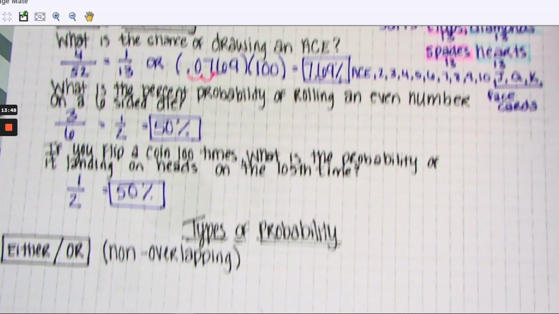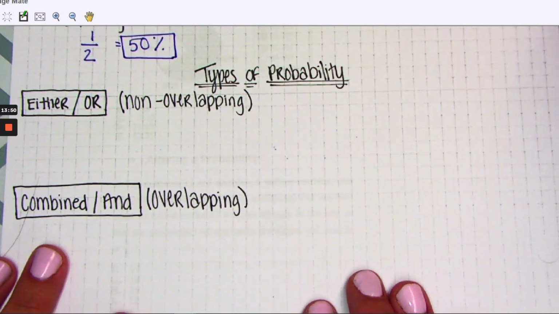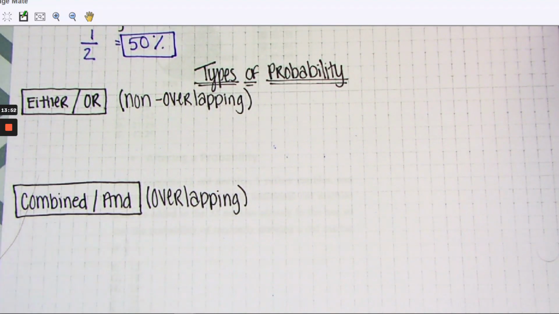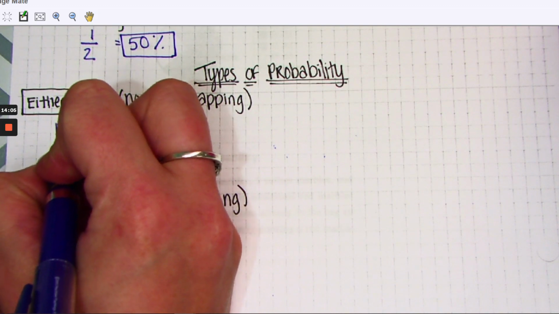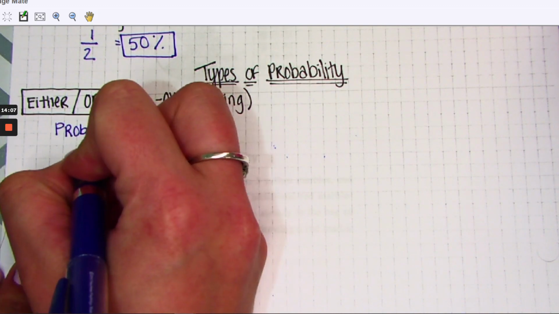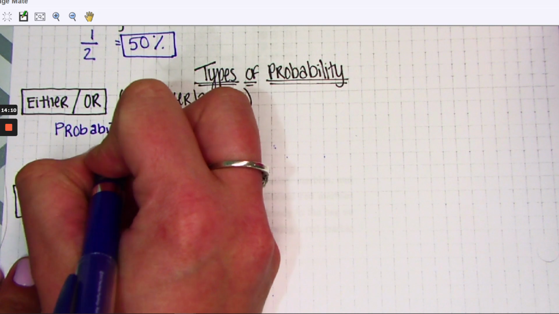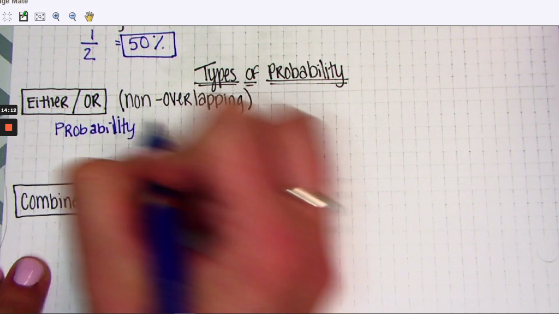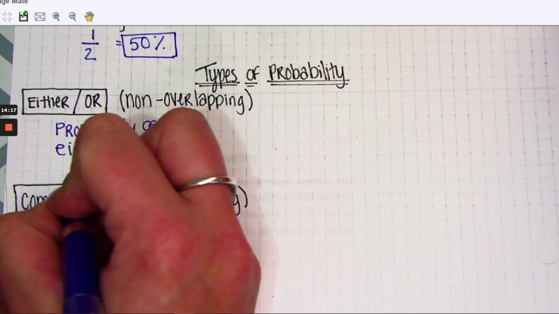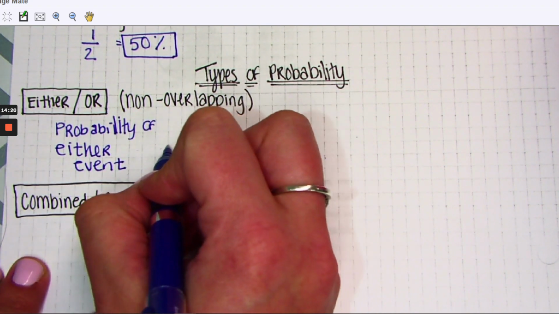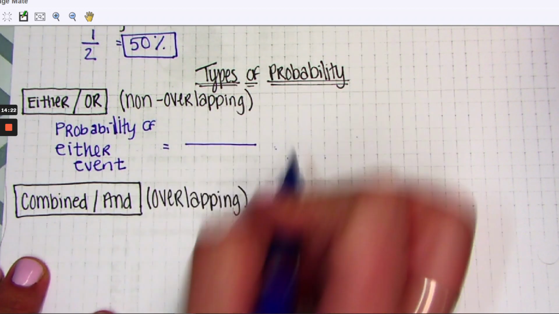Now, the 2 types of probability are either or, which is called non-overlapping, and combined and, which is called overlapping. Okay. So either or probability, you are adding. So it is the probability of either event. Okay? So let's say you're getting dressed.